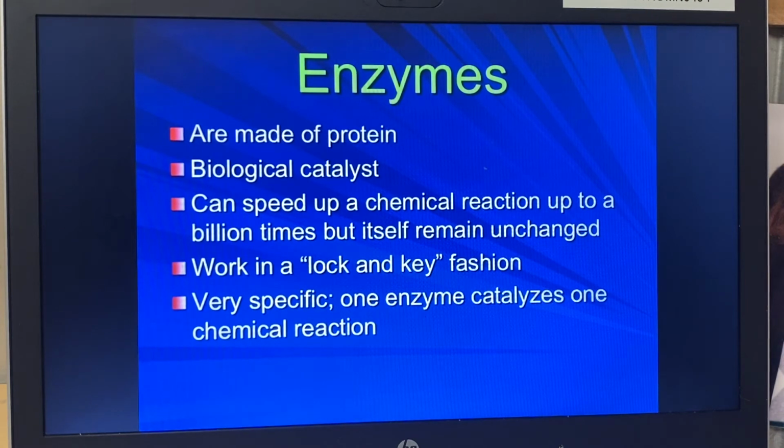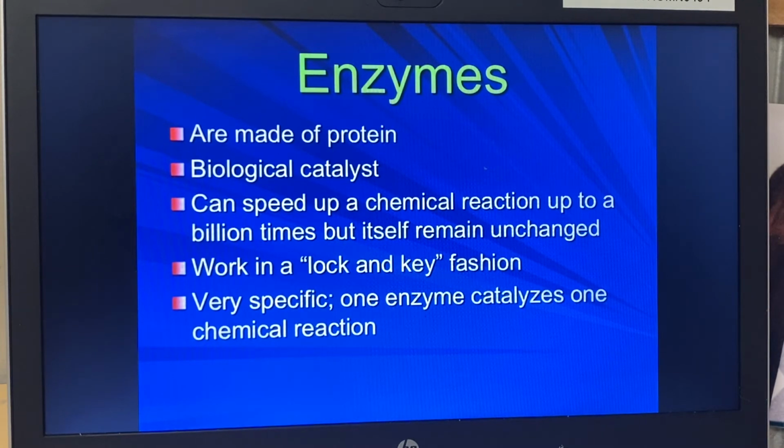One class of proteins that are going to be really important, and we're going to talk about them a lot in terms of microbes and how they reproduce, and then eventually how we can kill them, is a class of proteins called enzymes. Okay, so enzymes are what is known as biological catalysts.